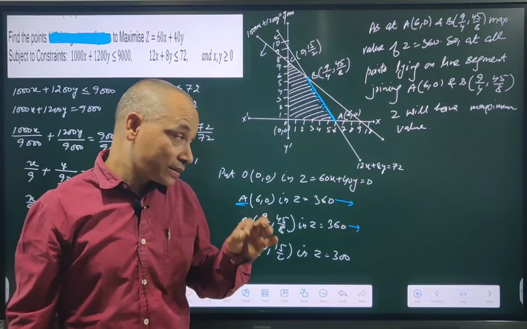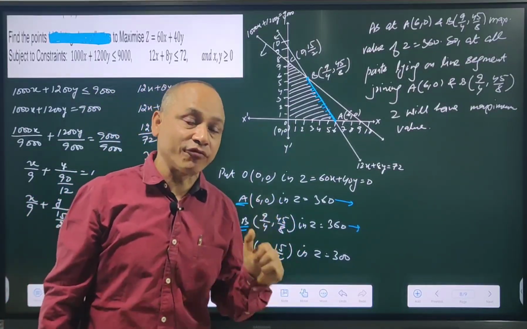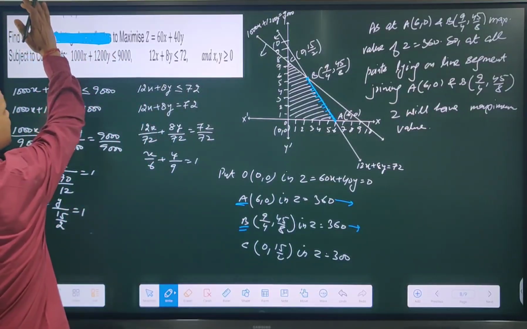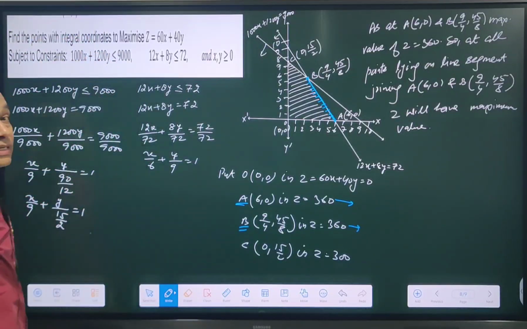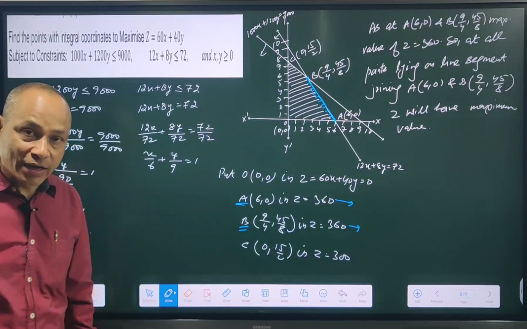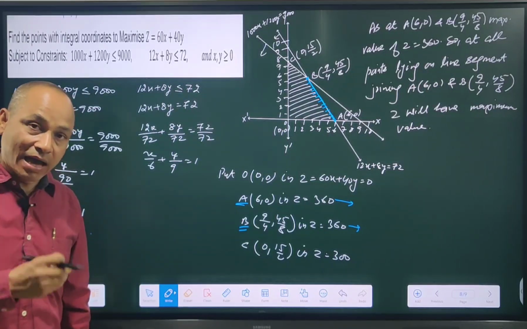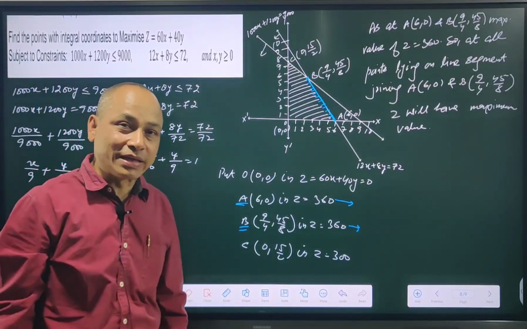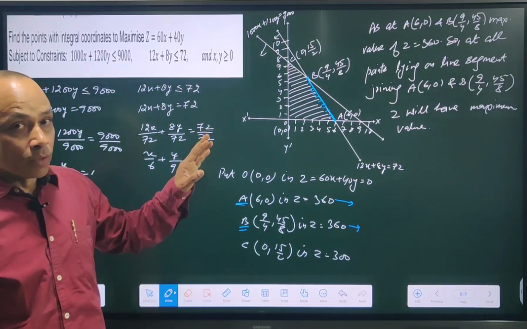Okay. Now there is another question that I have framed, and that says find the points with integral coordinates. It's nowhere in any of the books, but we have framed it for you because you may get some new questions in examination, right?